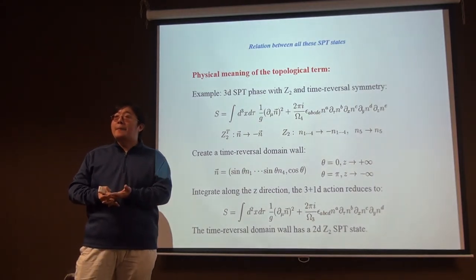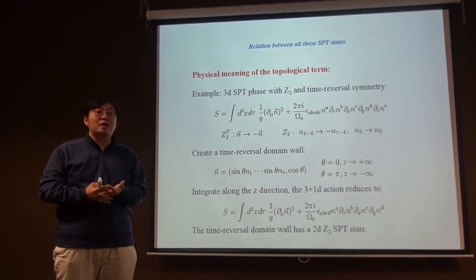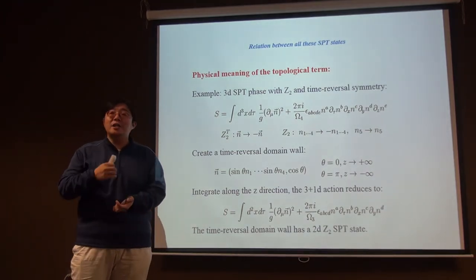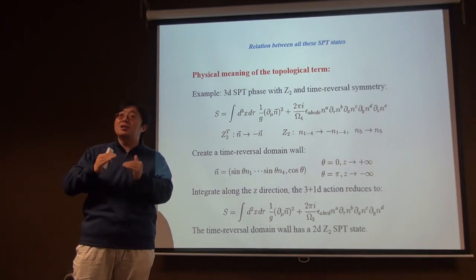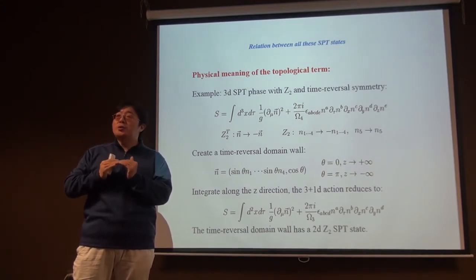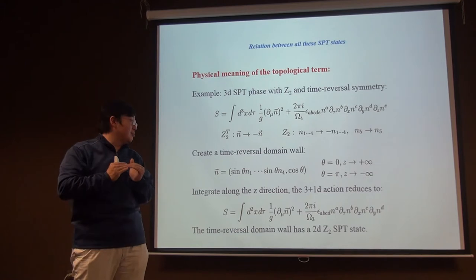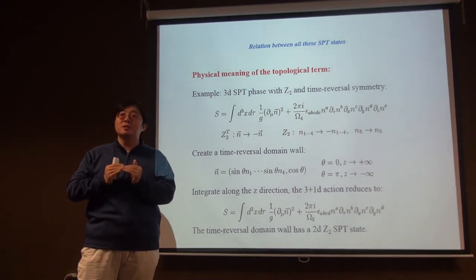Is that clear? What I did is that I choose the configuration for n5 and I integrate over the z direction, so I only have a two-dimensional theory. And the reduced two-dimensional theory precisely becomes a 2D SPT with Z2 symmetry.